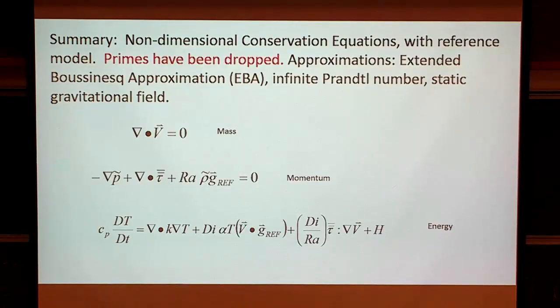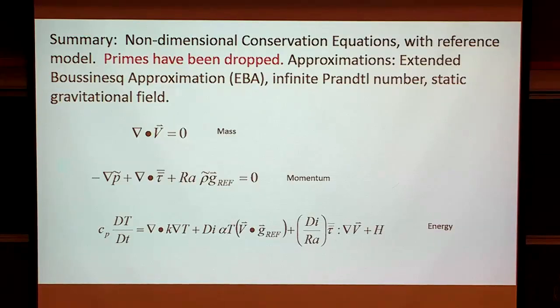But I just want to make a quick point. When I was talking about the non-dimensionalization, if you look at the Rayleigh number, which largely controls the vigor of convection, one thing that it has on top is the thermal expansivity, and one thing that it has on the bottom is the viscosity.